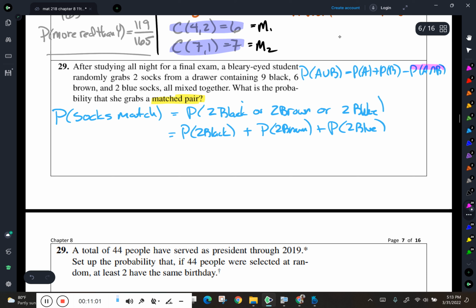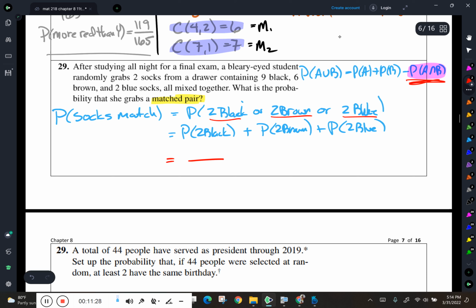We're just ignoring this piece right here because we can. We can ignore that intersection when our events are disjoint. And 2 black socks does not have any intersection with 2 brown socks, nor does it have any intersection with 2 blue socks. So we can just ignore those intersection parts and just find the individual events and add them all up.